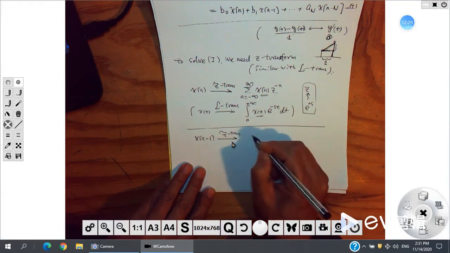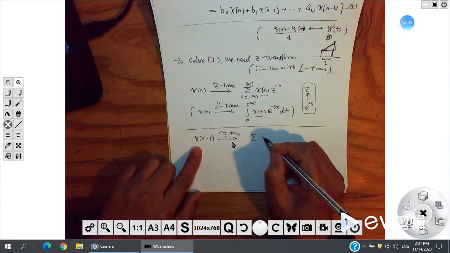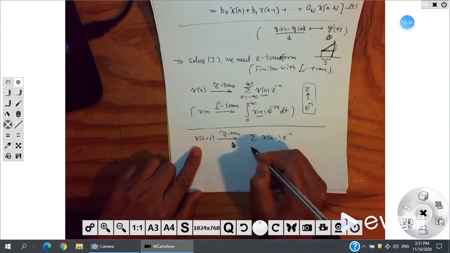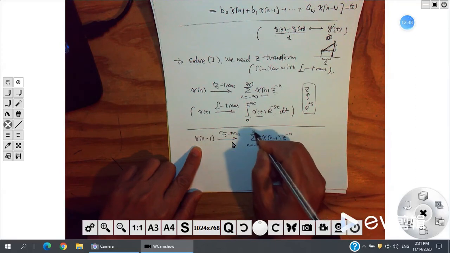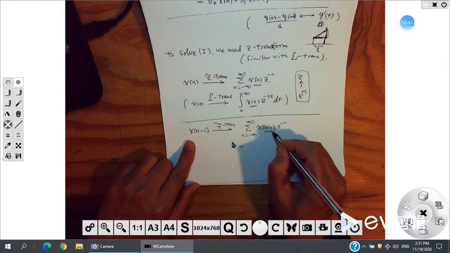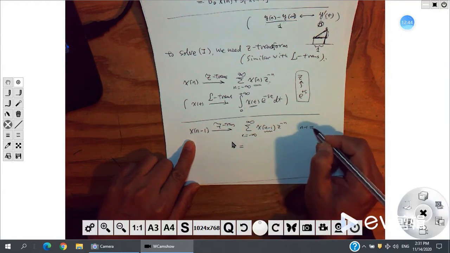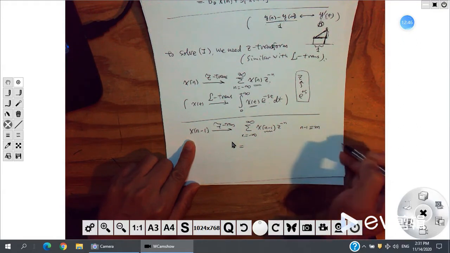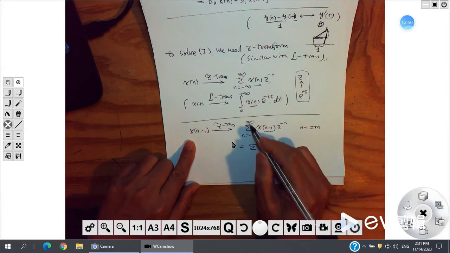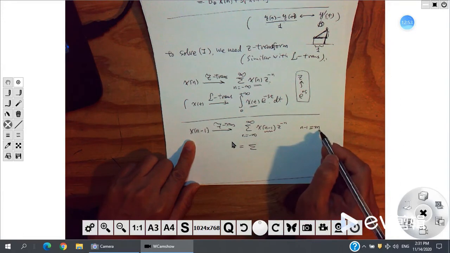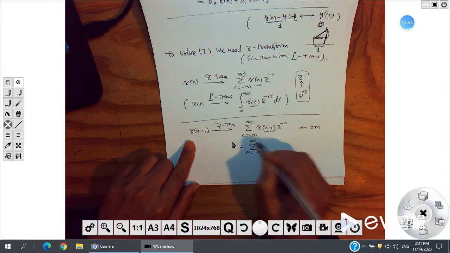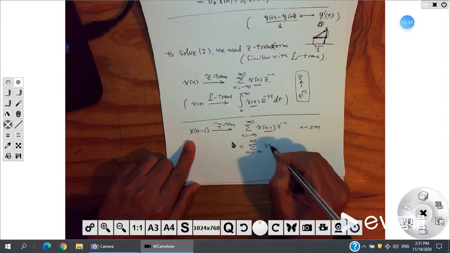You will have a summation, now with a shifted x, so here is x of n minus 1, z to the negative n, running from negative to positive infinity. I replace n minus 1 and denote it as m. Then the summation over n from negative to positive infinity is the same as m from negative to positive infinity, and here is x of m.